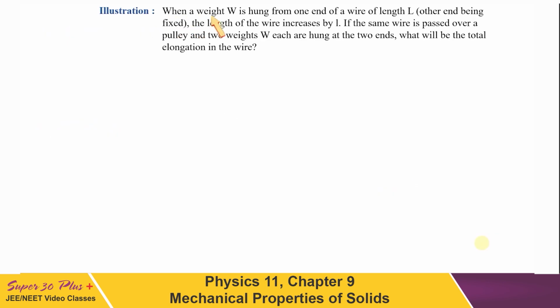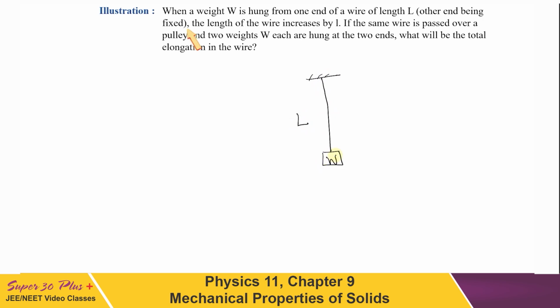When a weight W is hung from one end of a wire of length L, the other end being fixed. Let us draw the situation first. It is the wire of length L and a weight W is hung from here.